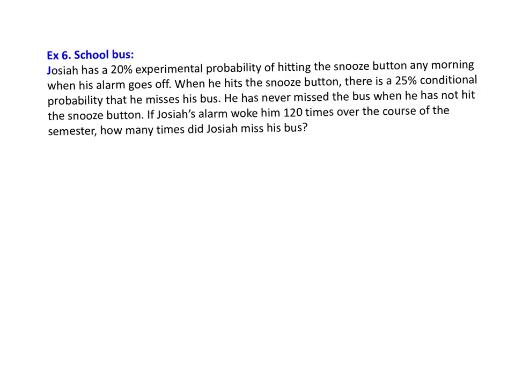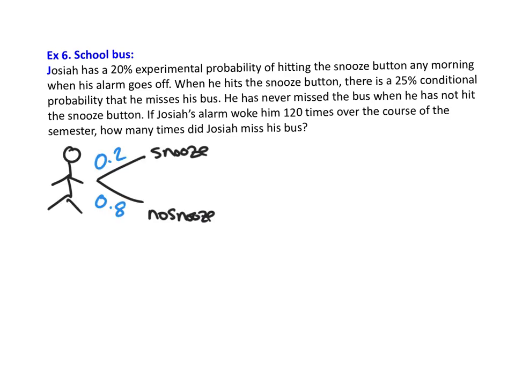So we're going to tree diagram this just to help you with this. So remember, he has a 20% probability of hitting the snooze button. So that has to go on the arm that goes to snooze. It means he has an 80% chance of not hitting the snooze button. So now remember, there's a conditional 25% probability that he misses the bus, meaning that if he hits the snooze button, there's a 25% chance that he's going to miss the bus.